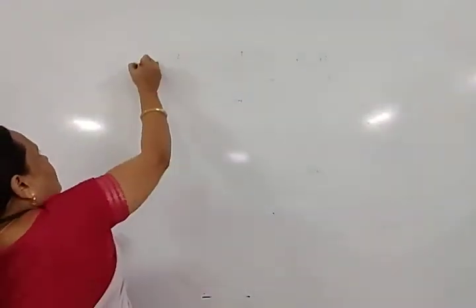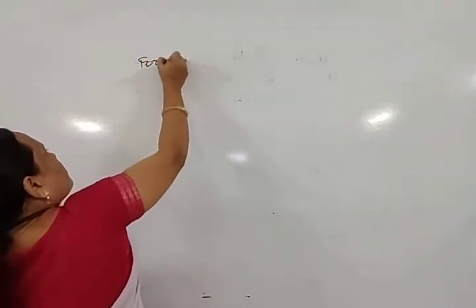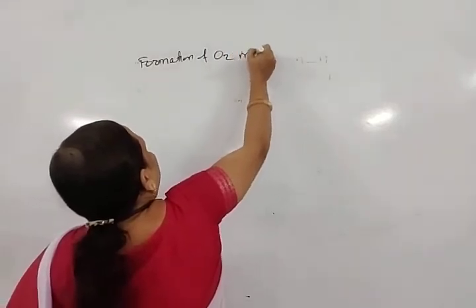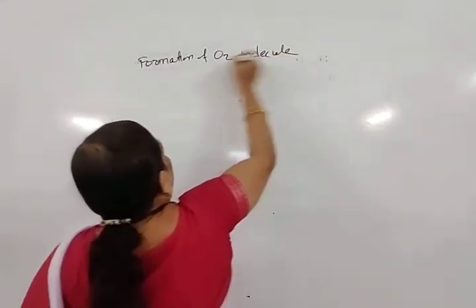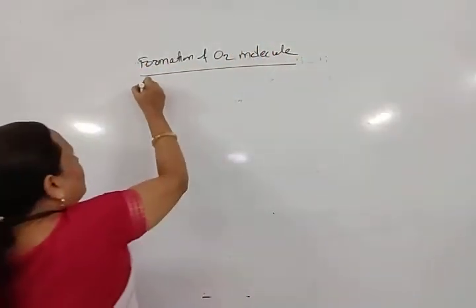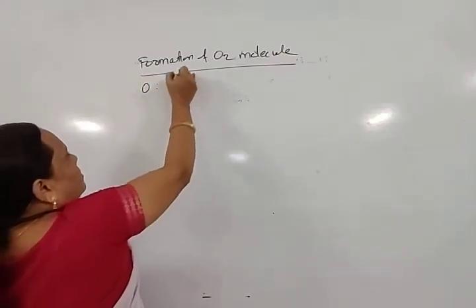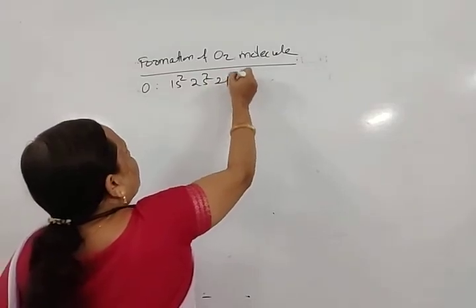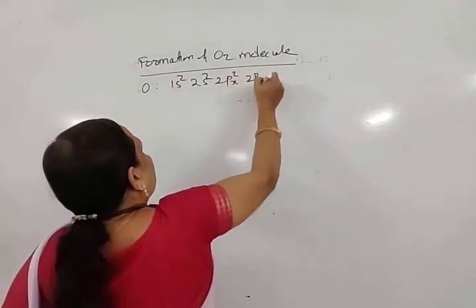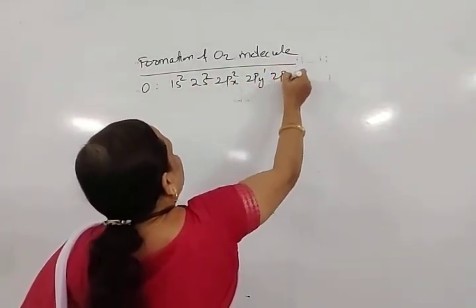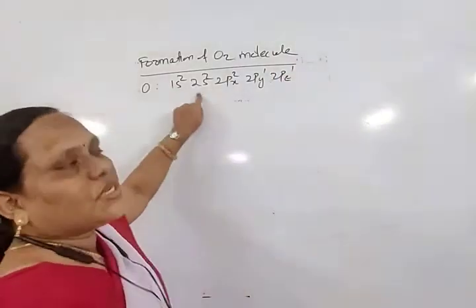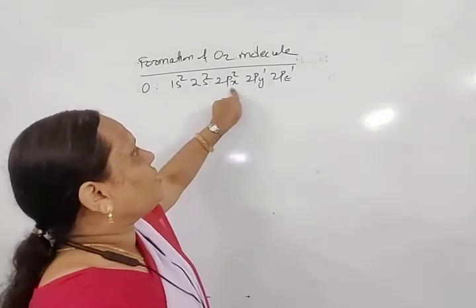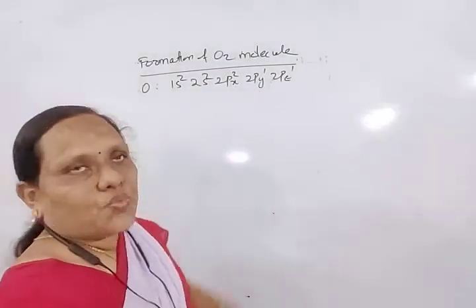So oxygen has electronic configuration 1s2, 2s2, 2p4. I am writing like this: 2px2, 2py1, and 2pz1.